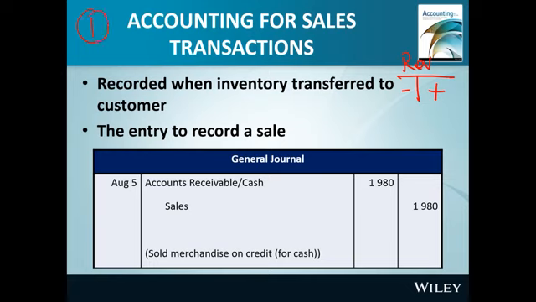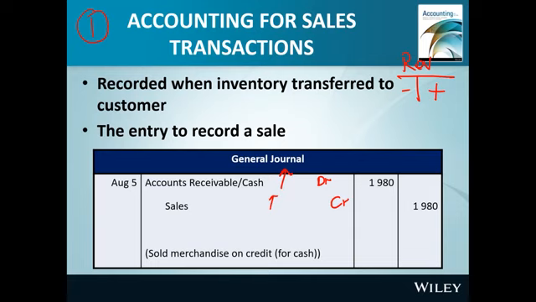If you receive the money, the cash, immediately when you sell the item to your customer, you're going to debit your cash, because your cash increases, and then you're going to credit your sales. This means increase in cash, increase in revenue. Okay, debit cash, credit sales.